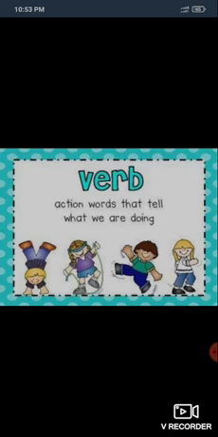So, what is a verb? Action words that tell what we are doing. Here it is given that a verb is like an action word that tells us what we are doing. For example, playing, dancing, skipping, moving, these all are verbs.